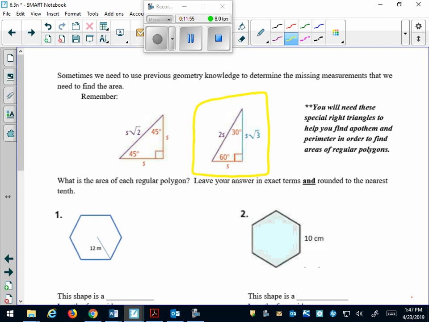So just don't forget, 45, 45, 90, sides across from the 45s are both S, and the hypotenuse is S root 2. With 30, 60, 90, the side across from 30 is always S. The hypotenuse is twice that, and the side across from 60 is S root 3.